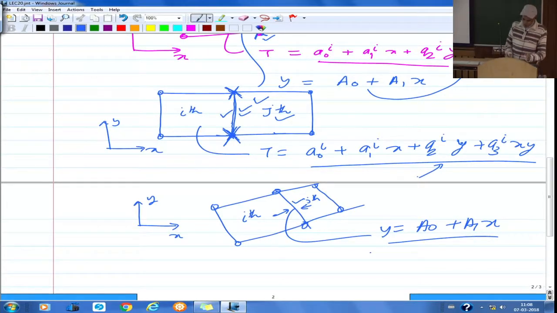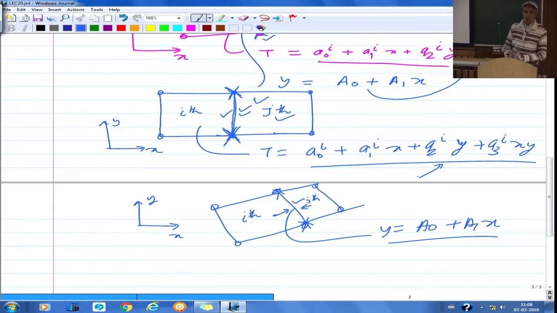So, the resulting expression for temperature along this line will be quadratic in x, and what you have as common temperature values is only the temperature value at this point and the temperature value at this point, but the variation of temperature along that line is quadratic.